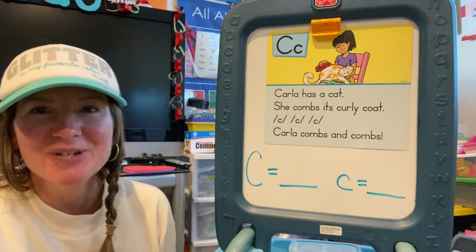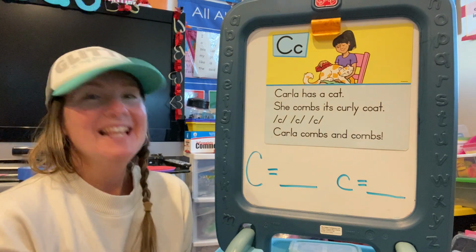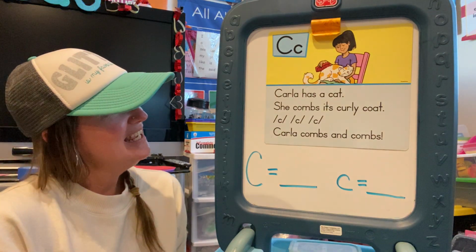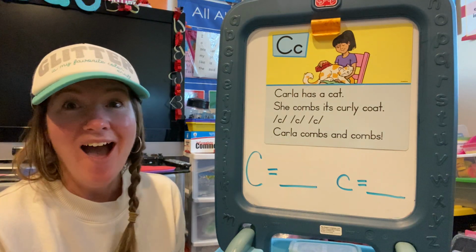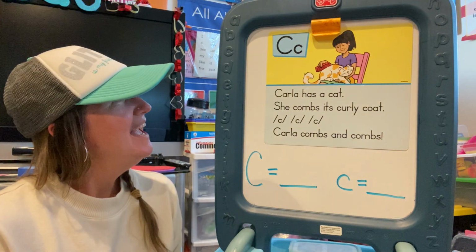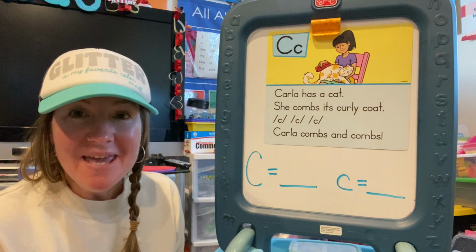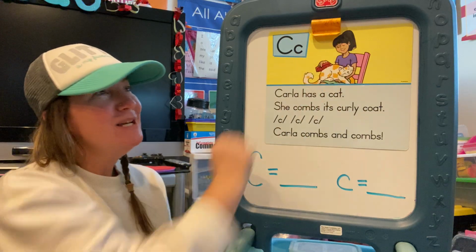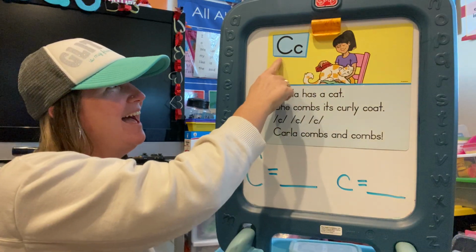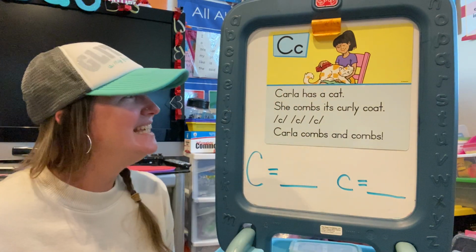What do you see in this picture? Yes, there's a lady or a girl. She's sitting in a chair and she has a cat on her lap and she's combing the cat. A lot of the things in this picture start with what letter? Yeah, that's right, the letter C.